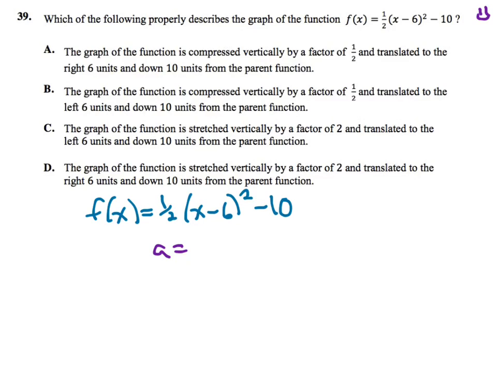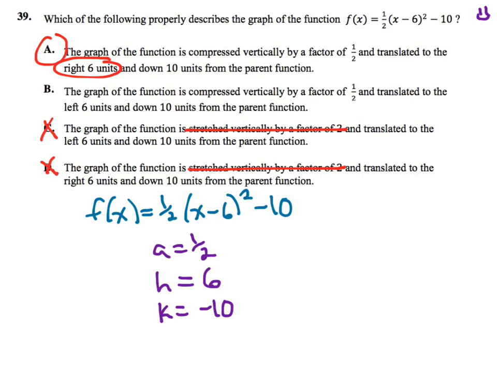It's going to be compressed vertically. It's going to be squished, right? We have an H of not negative 6, but of 6, right? So it's moving to the right. And we have a K of negative 10. So it's being translated down. So it definitely can't be C or D. There we go. There's A.